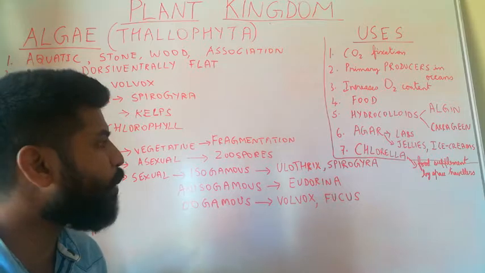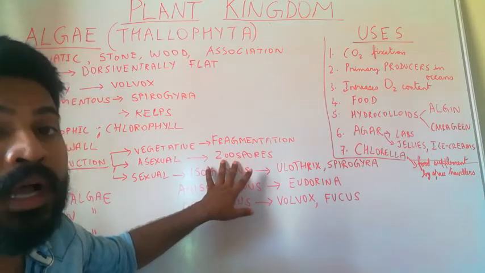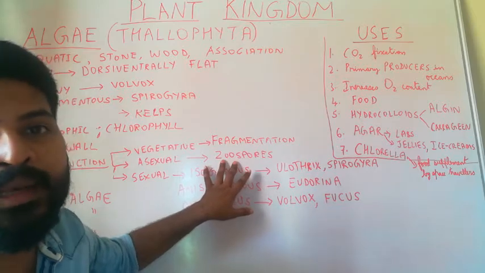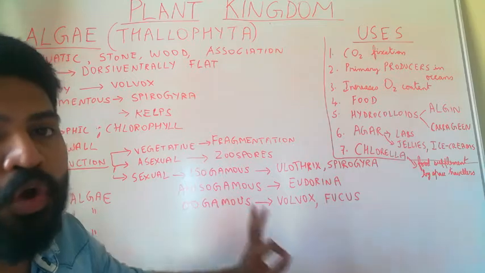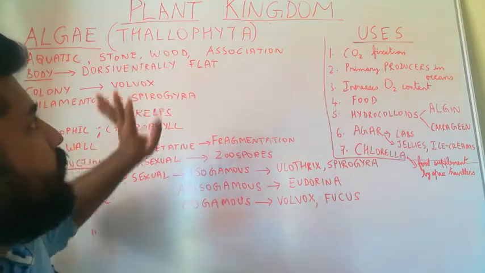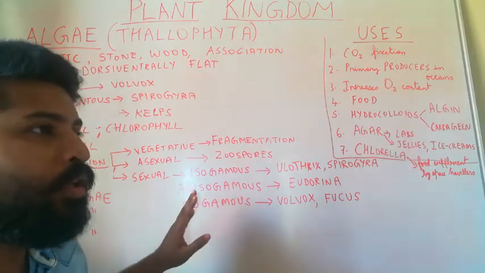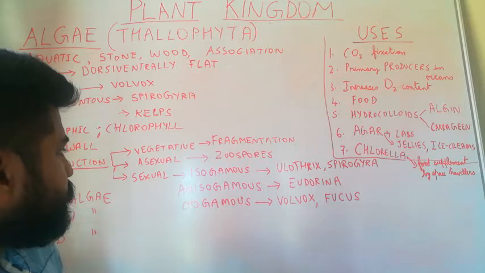The most common type of spores are zoospores, which are motile. They can move. They have flagella. So zoospores are the most common asexual reproductive spores seen in algae. Other than zoospores, we have chlamydospores, etc.